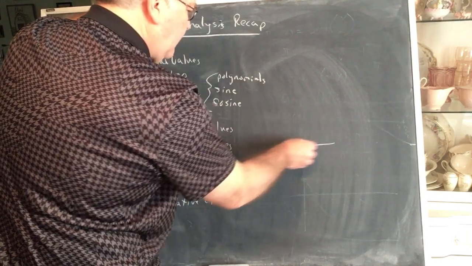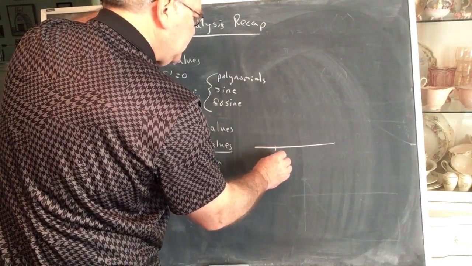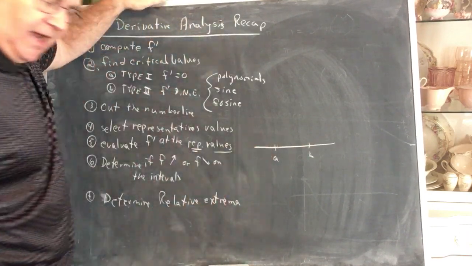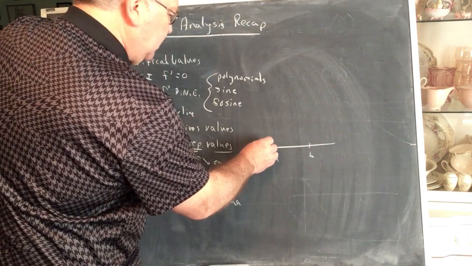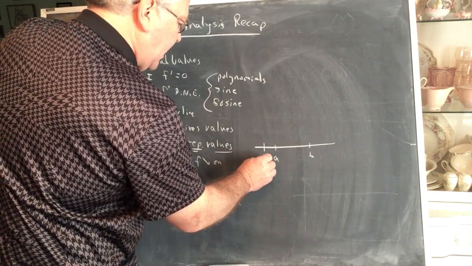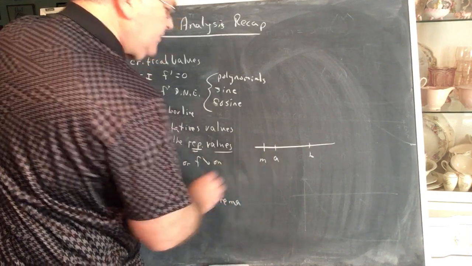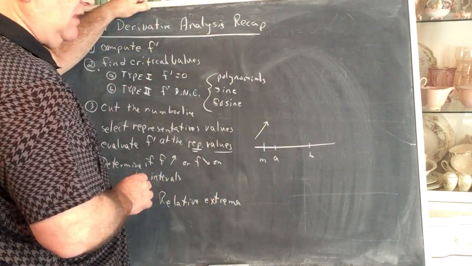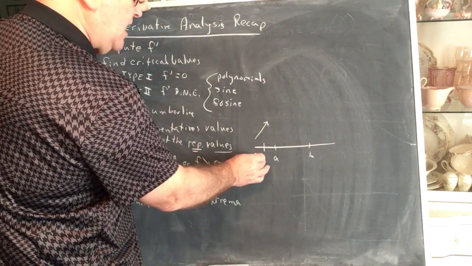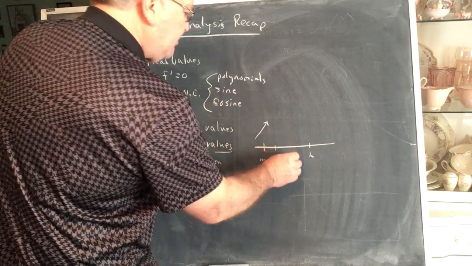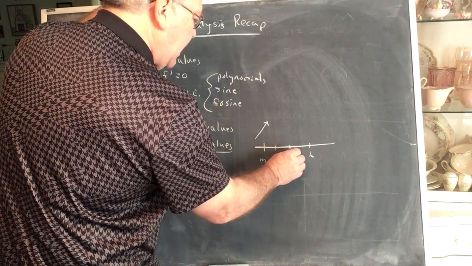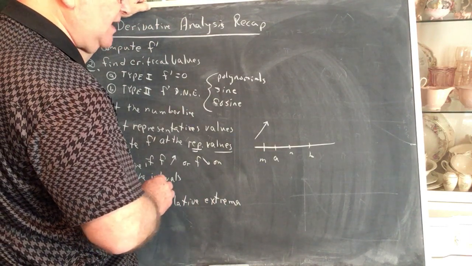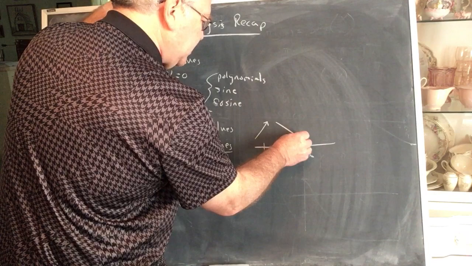So, if this is a number and this is a number, and we've selected a representative from this region, suppose we've selected the representative value m, if we find out that the function is increasing on that interval because f prime of m is a positive number, and suppose we choose a value here, n, and suppose we find the derivative is negative, f prime of n is negative, then we know the function is decreasing.